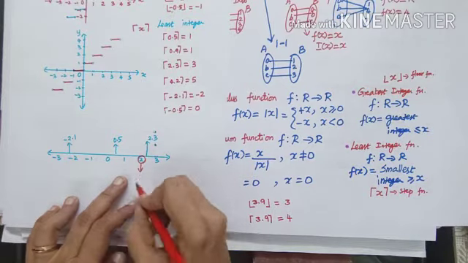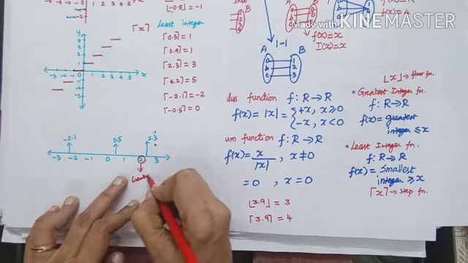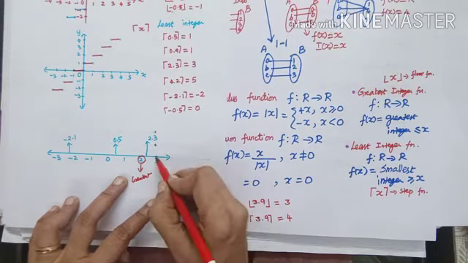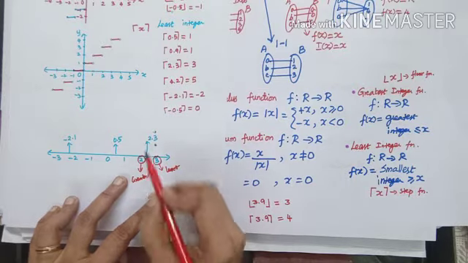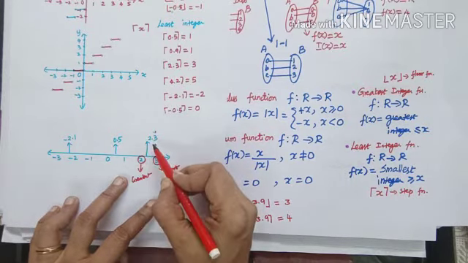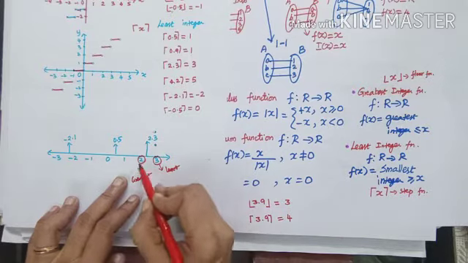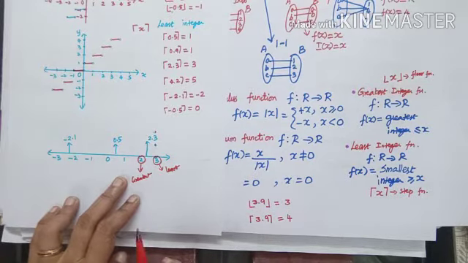This I call the greatest integer, whereas this number I call the least integer. So I will say 2.3 is above 2, so the greatest integer is 2. And I can also say 2.3 is below 3, so the least integer is 3.